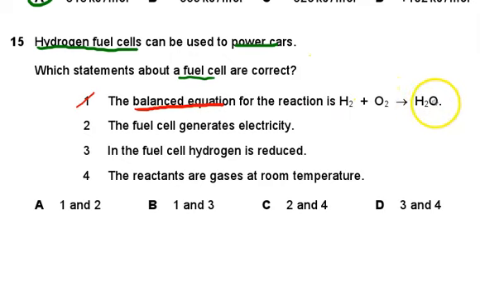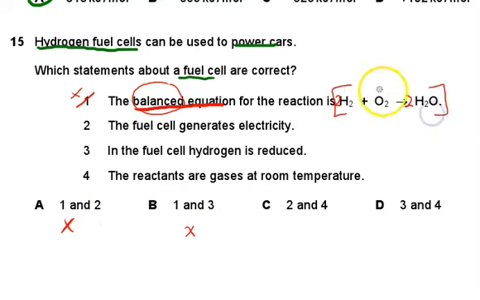If you balance it properly, it is not balanced actually. So we have to put here 2, and it will be 2 here. So number 1 is wrong. Even though the overall equation here is supposed to be this, since it is not balanced properly, it is wrong. So A and B is wrong.